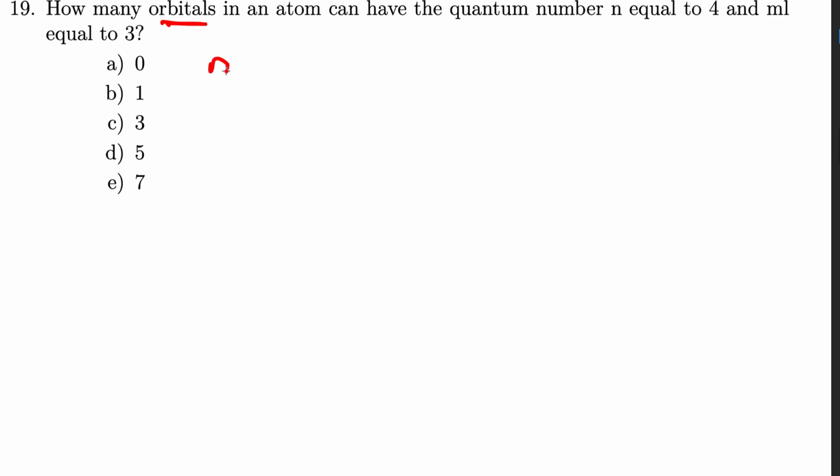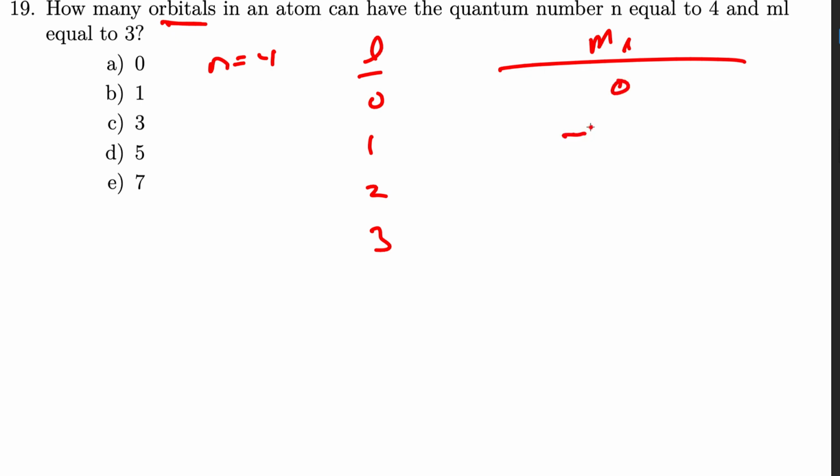If n equals 4, L could be 0, 1, 2, 3. m sub L is 0; minus 1, 0, plus 1; minus 2, minus 1, 0, 1, 2; minus 3, minus 2, minus 1, 0, 1, 2, 3.